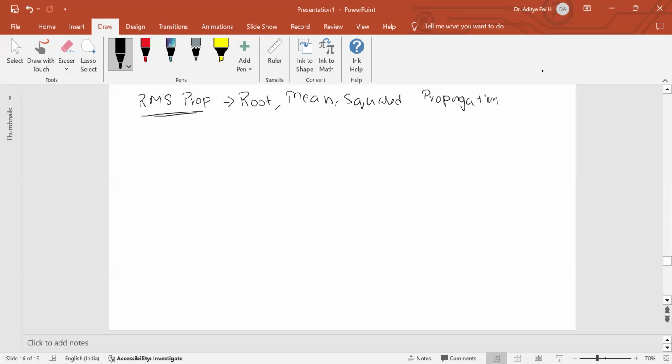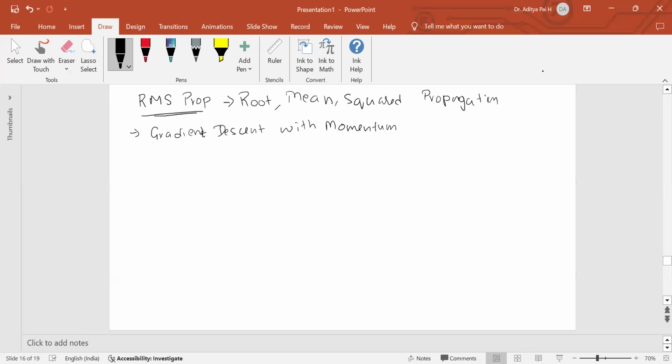Okay. So what is this? This is an algorithm which can also speed up the gradient descent. In the previous video we had seen gradient descent with momentum, where by using the momentum we are accelerating the gradient descent.